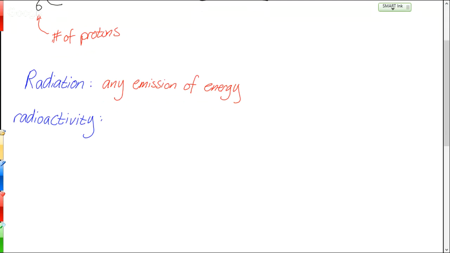So, radioactive isotopes. Let's see if I like the book's definition. Radioactivity is the production of radiation via nuclear decay.